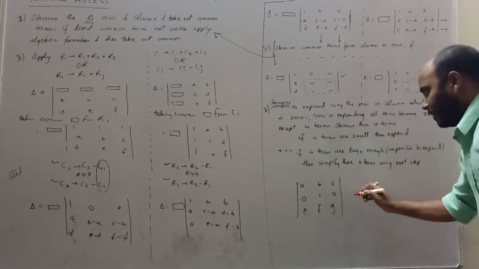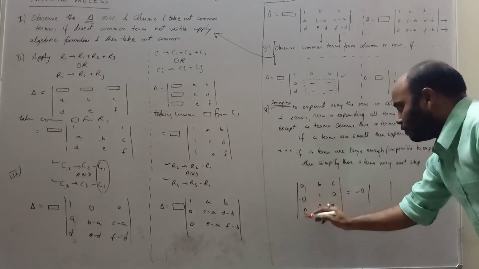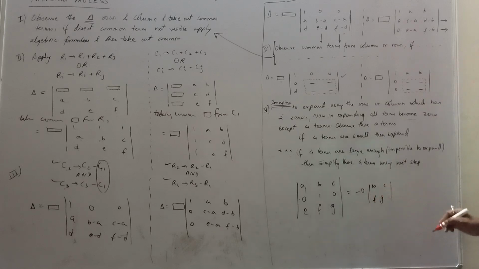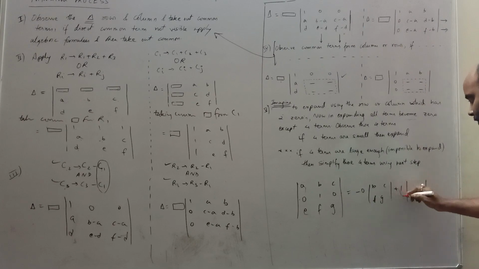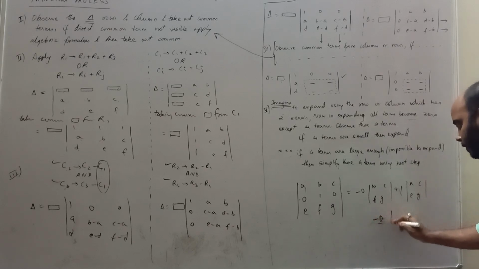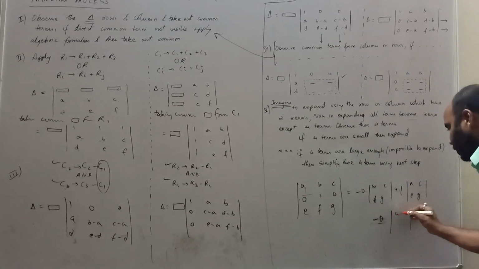When you start expanding, you have to hide. If you hide, you will get B, C, F, G. Then plus 1, and again you hide like this. What you will get is A, C, E, G. Then again minus 0, and you hide A, B, E, F.